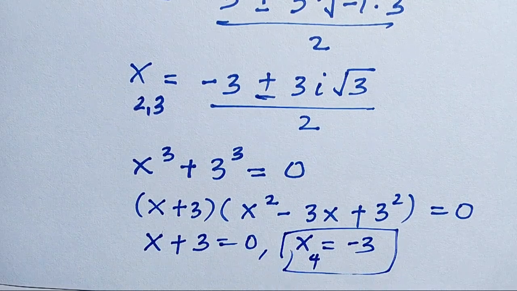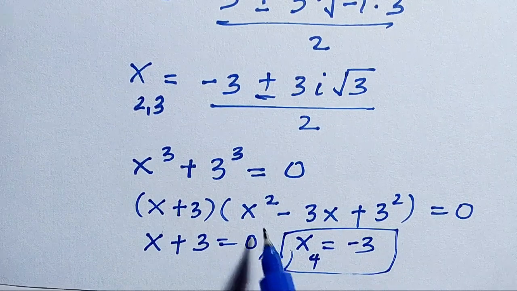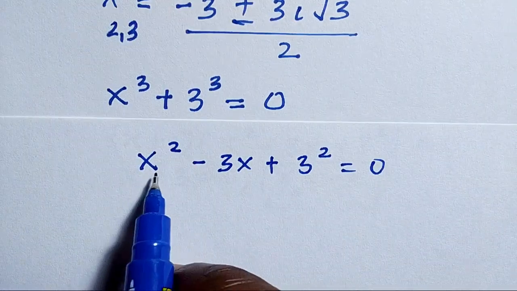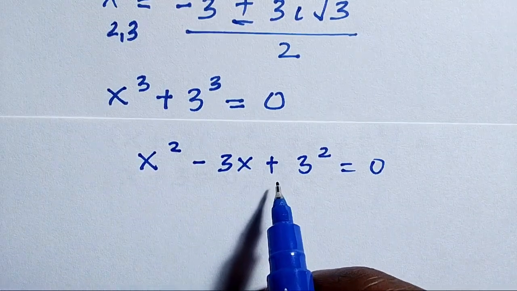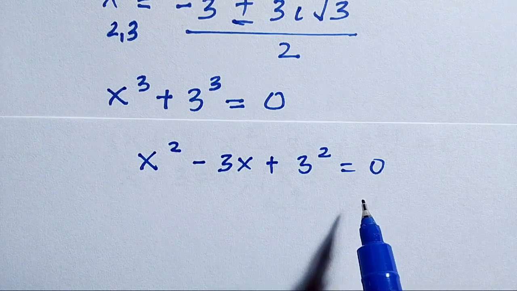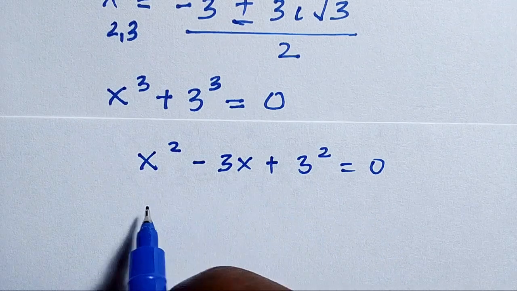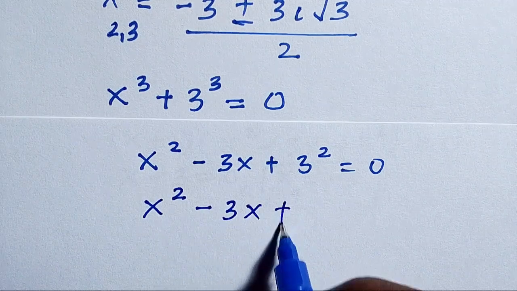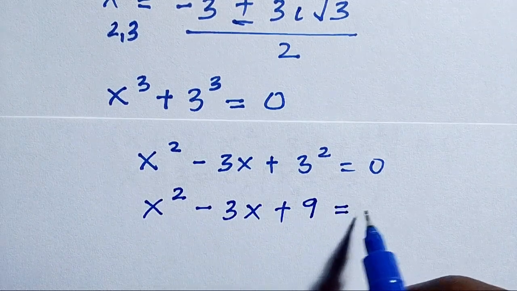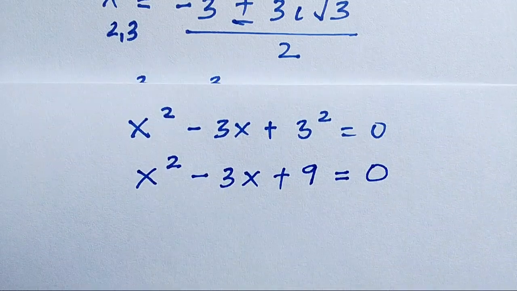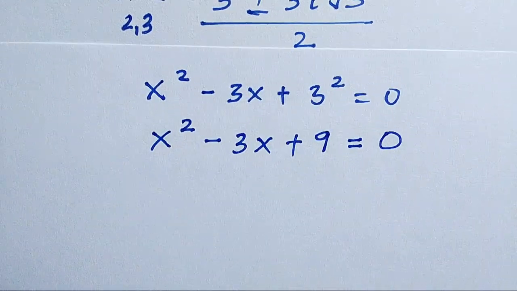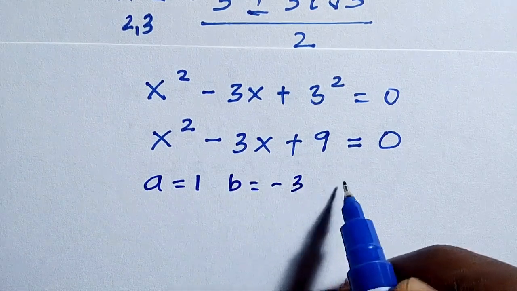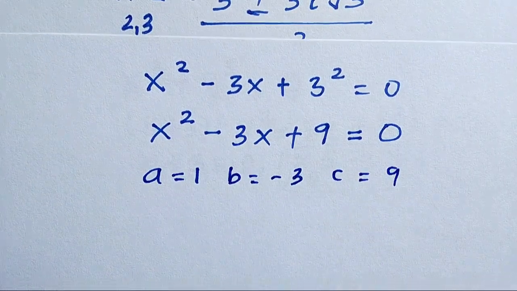And let's see the other solutions to this from this quadratic equation. We have x squared minus 3x plus 3 squared equals 0. So here we can write this properly as x squared minus 3x plus 9 equals 0. Then we consider a as 1, b is minus 3, and c equals 9.